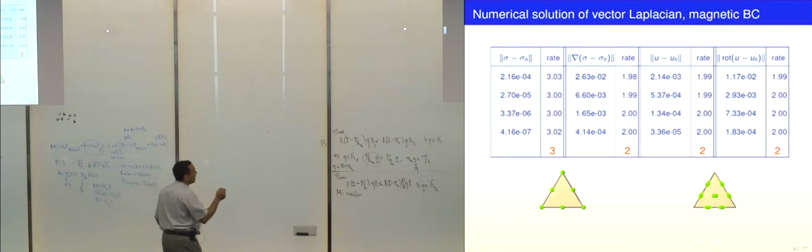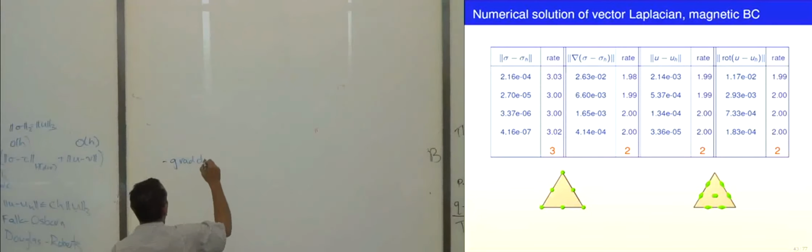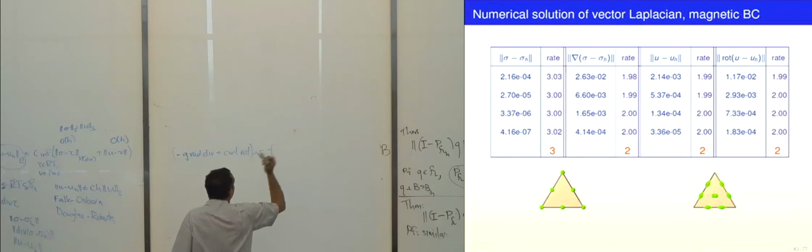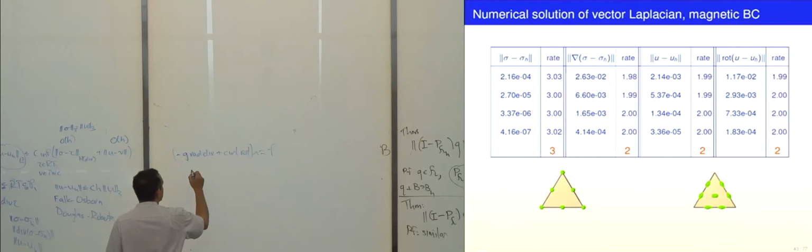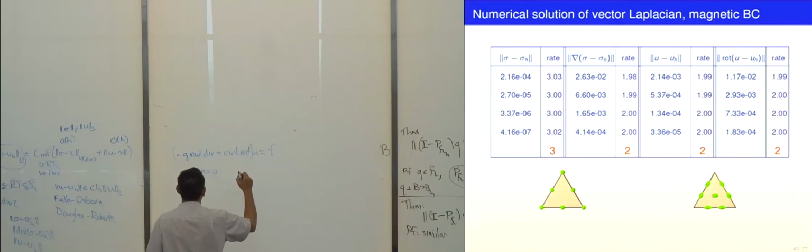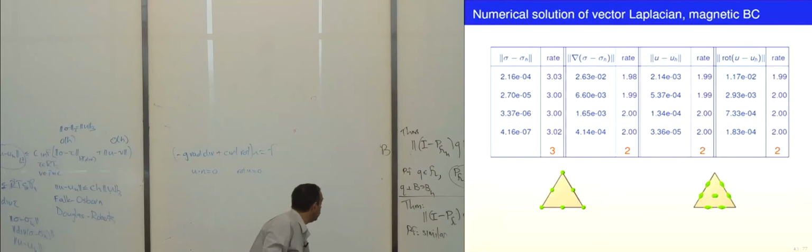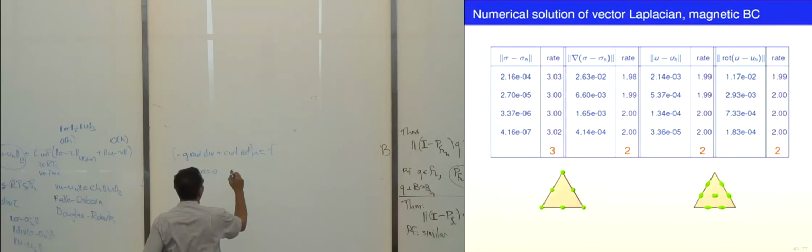Suppose we take that same problem. So it's minus grad div plus curl rot on the unit square again. But instead of the boundary conditions u dot n equals 0 and rot u equals 0 that we did, we just take u dot n equals 0 and u dot s equals 0.